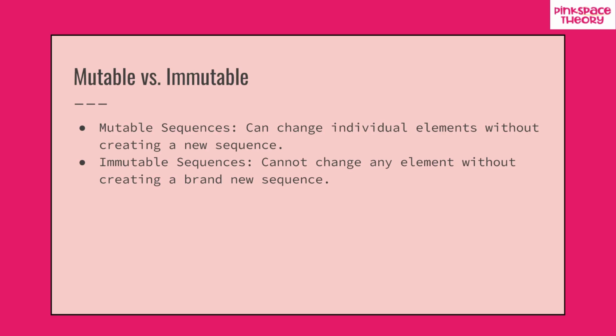In a list, you could just change one of the elements without remaking the complete list. On the other hand, we have the opposite, an immutable sequence, meaning that if you want to change any element of the sequence, you have to create a brand new sequence. For example, changing a string literal, even if it's just changing one letter, would require creating a brand new string.